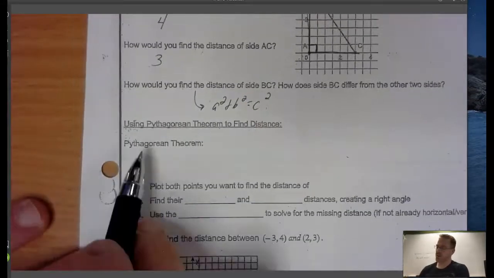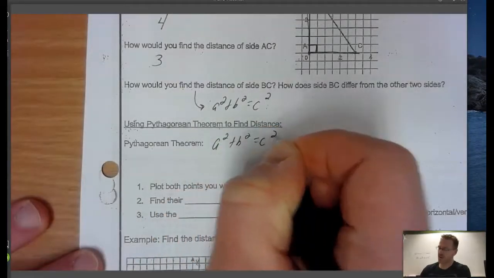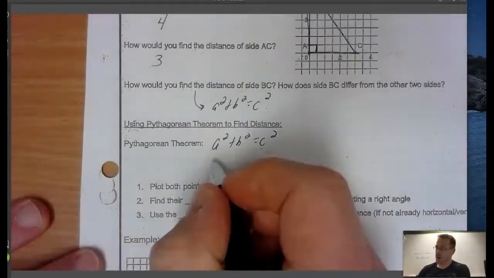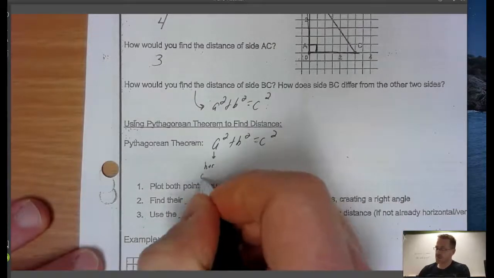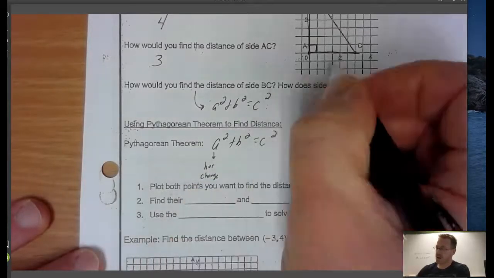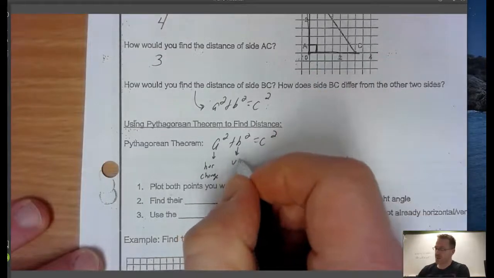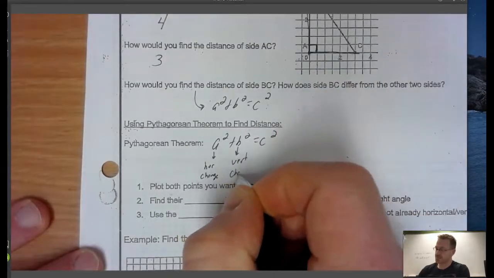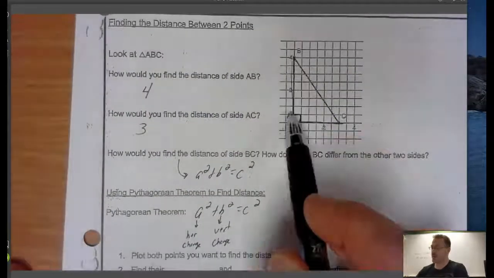So when we think about our Pythagorean theorem, a squared plus b squared equals c squared, I always think of a as my horizontal change, so in this case, that would have been 3. I think of b as my vertical change, and that would have been the 4 that we saw here.